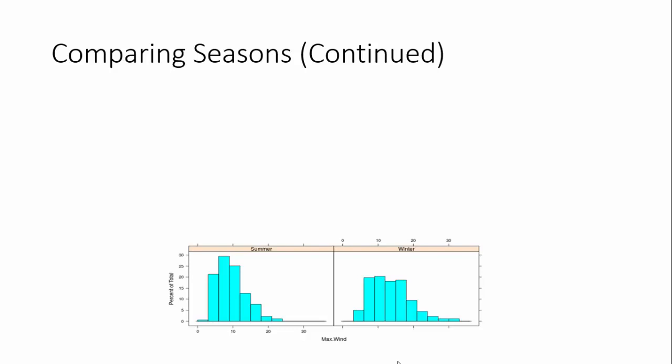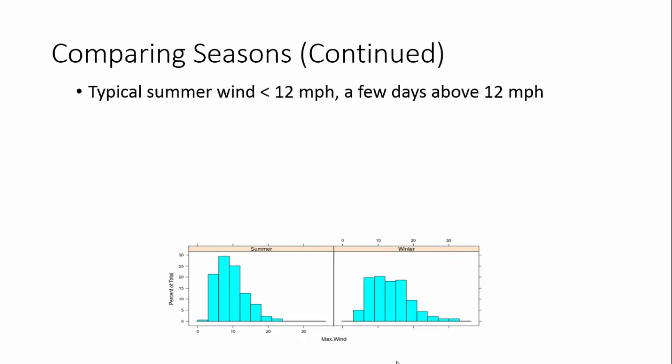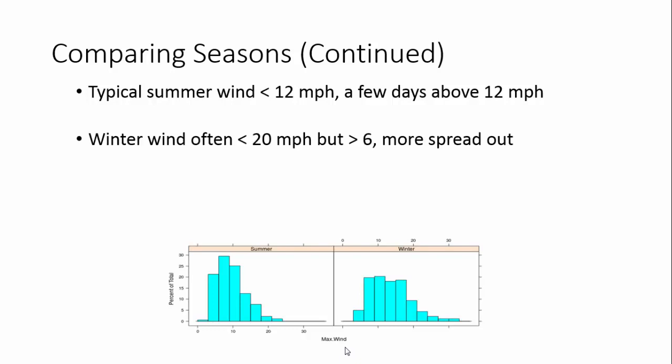Here are the things again. I'll do the same kind of analysis I did before, but look at the summer months by themselves and the winter months by themselves. So typically a summer wind is less than 12 miles per hour. It very rarely gets above that. There are a few days though, okay? Whereas in winter, it's usually under 20 miles per hour, but almost always more than 6.